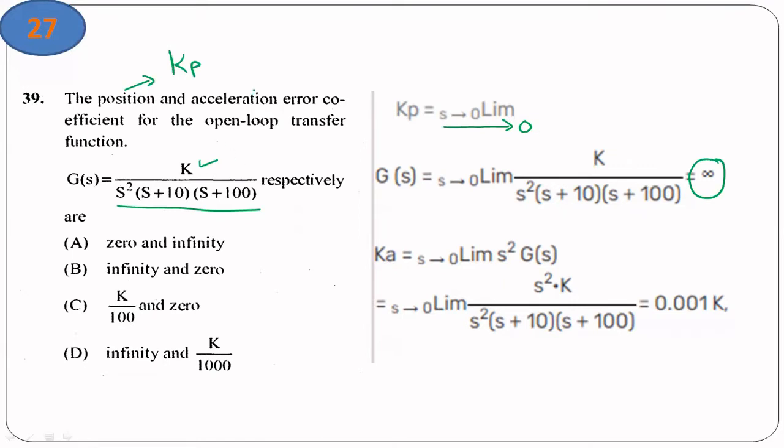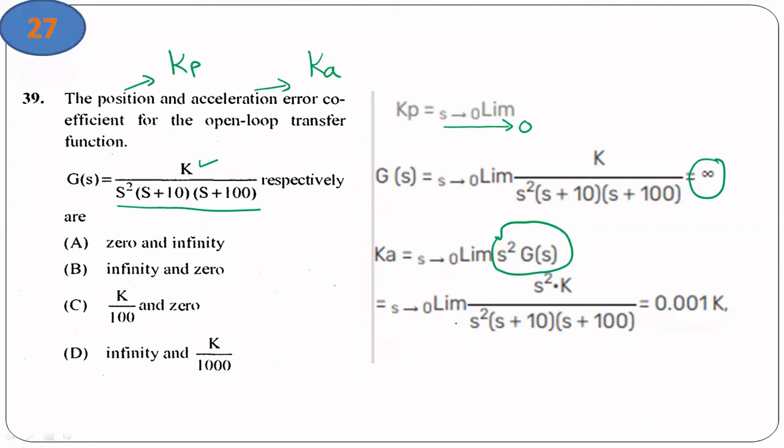Similarly, for acceleration error, which is Ka, we have to solve for limit s tends to 0 for the transfer function s squared G(s). So we have to multiply s squared to the transfer function given over here, which is G(s).